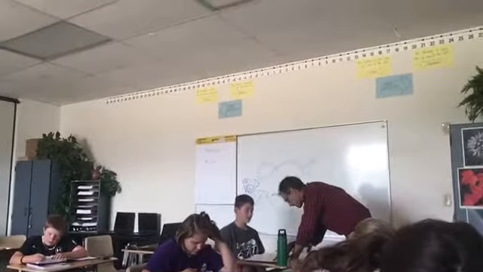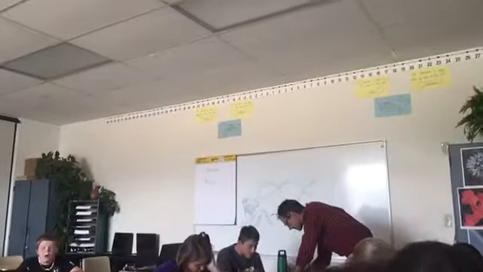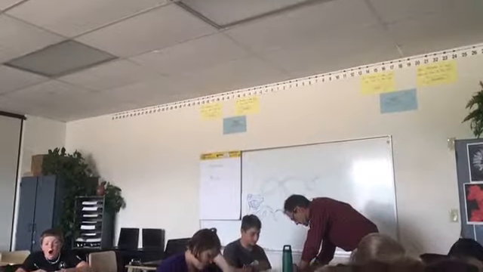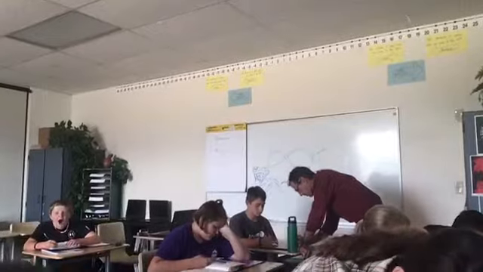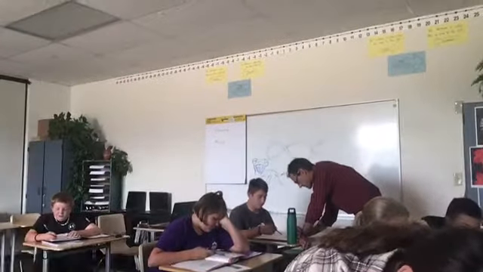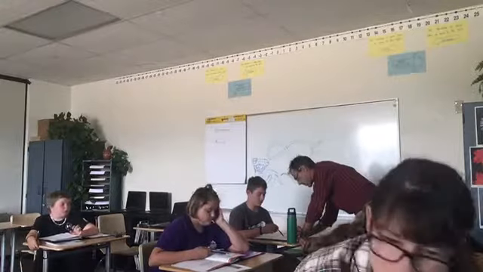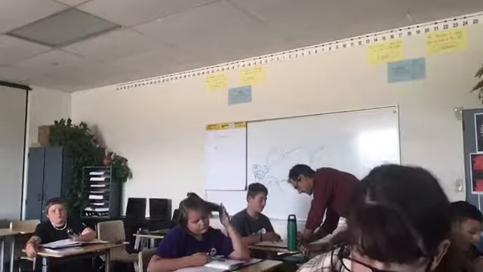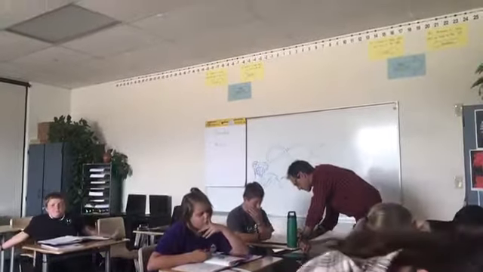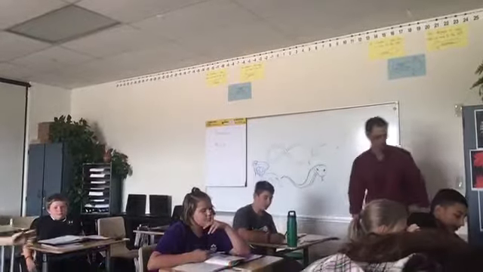If I have 3 positives, I'm going to take these 3 positives away from these 3 negatives, and then what's left? 1. It's not even 1 positive, it's 1 negative. Negative minus 3 positives equals negative 4. So I got it right. Did you have negative 1?